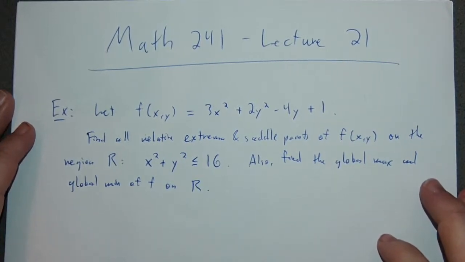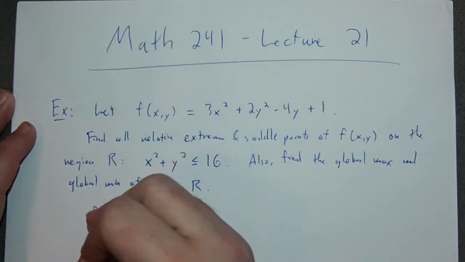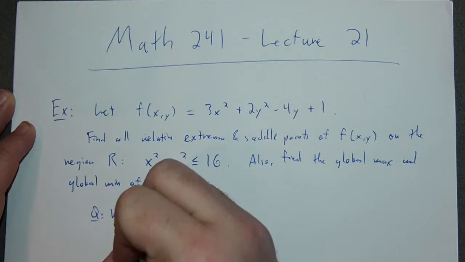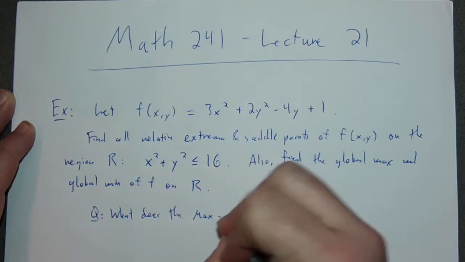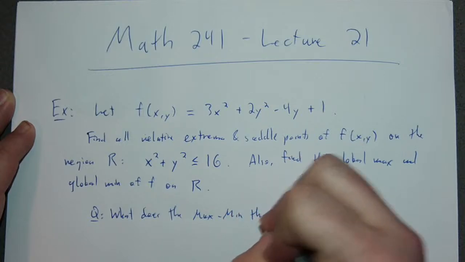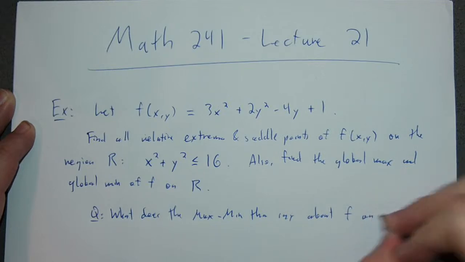So what does the max-min theorem say about this setup? Quick question: what does the max-min theorem say about f on R?